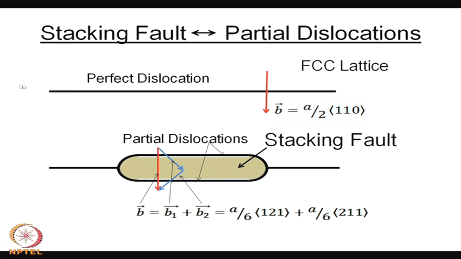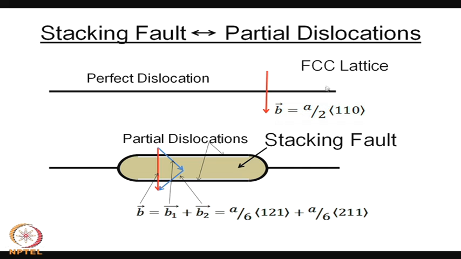Here we have a line, as we have discussed earlier, that a dislocation is a line defect. So, this can be represented by a perfect line like this. So, this is a perfect, single dislocation having a Burgers vector, provided it is an edge dislocation. The Burgers vector is perpendicular to the direction or the tangent to that line.